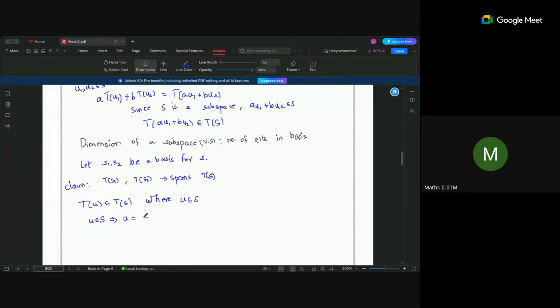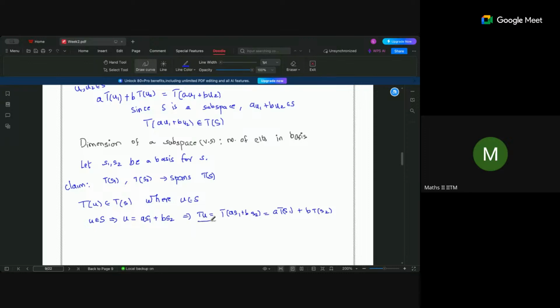Some scalar multiplication, alpha. Yes. You can express it as a linear combination of S1 and S2. So you see that T of U is nothing but T of A S1 plus B S2, which is A T S1 plus B T S2.